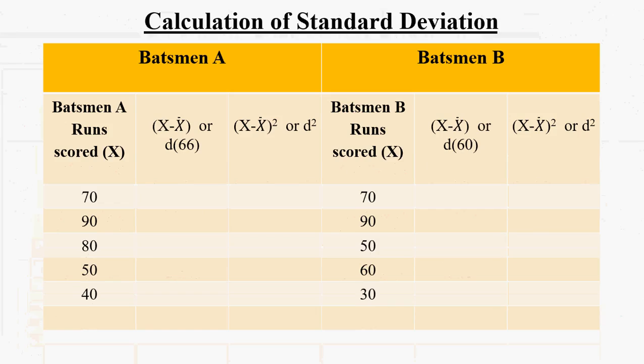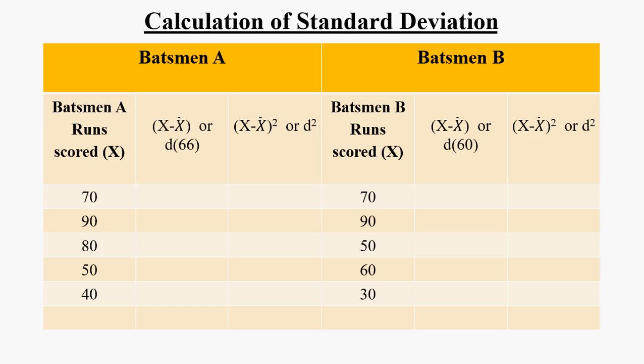You need to differentiate batsman A and batsman B. Copy down the data given in the question for batsman A, as well as for batsman B. Then write x minus x dash, then x minus x dash square. You can put either d or d square for both batsman A and batsman B.